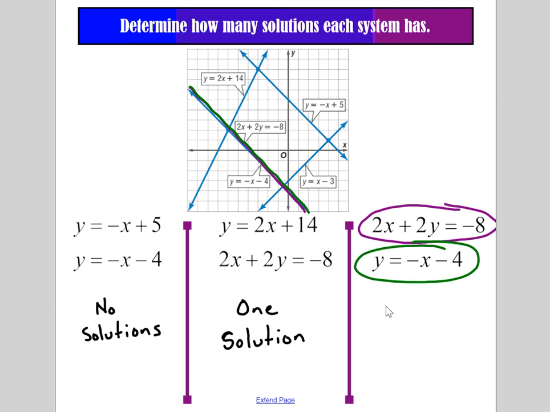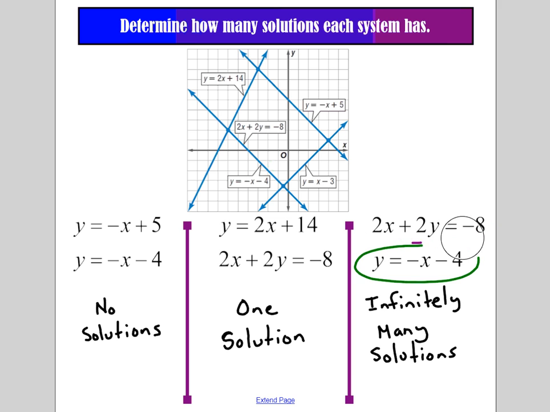So we would say infinitely many solutions. And we are good to go on this example.